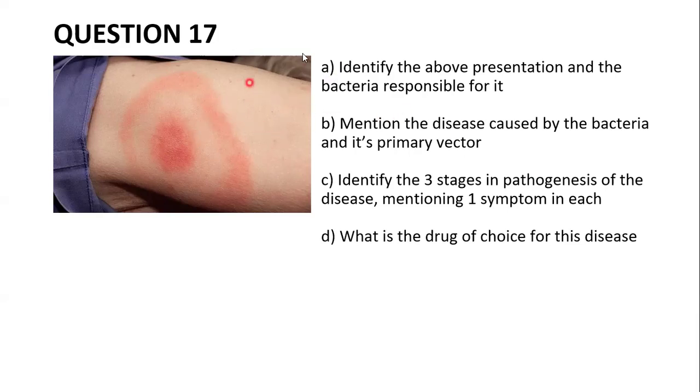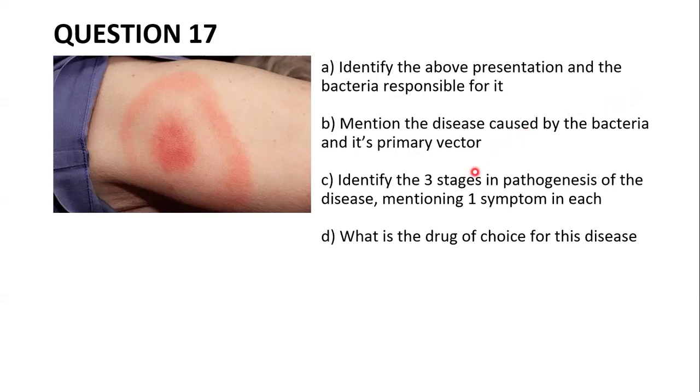Borrelia burgdorferi. Okay. Mention the disease caused by the bacteria and its primary vector. So this is Lyme disease. The primary vector is the tick.